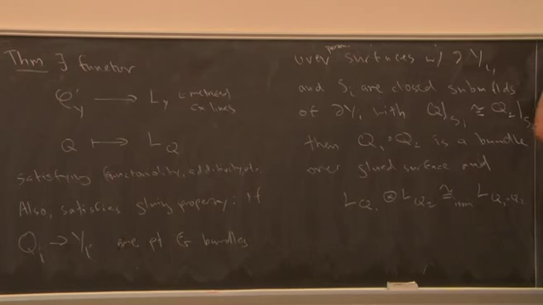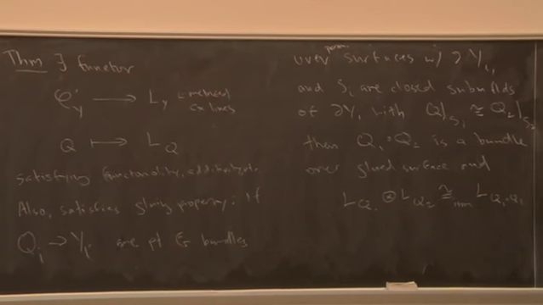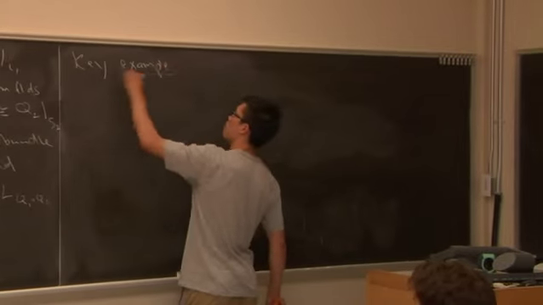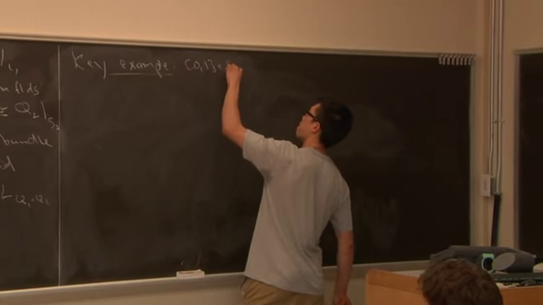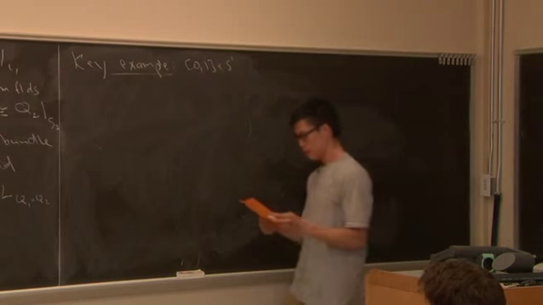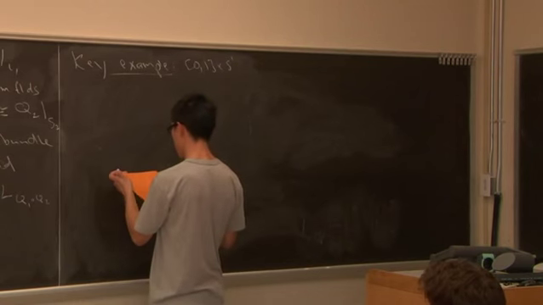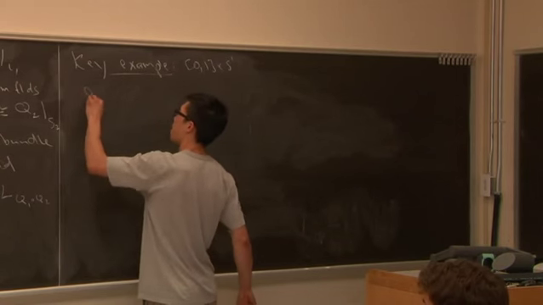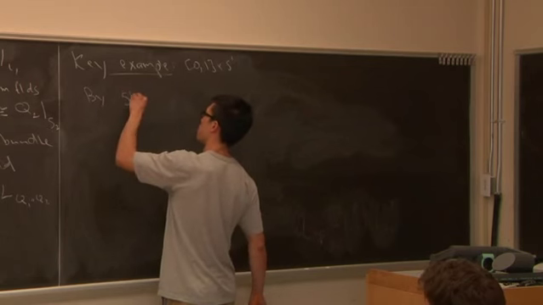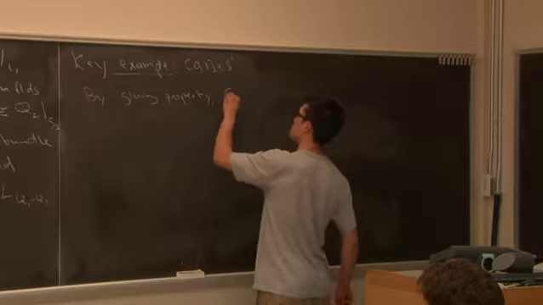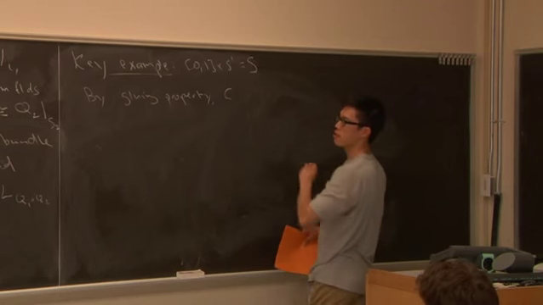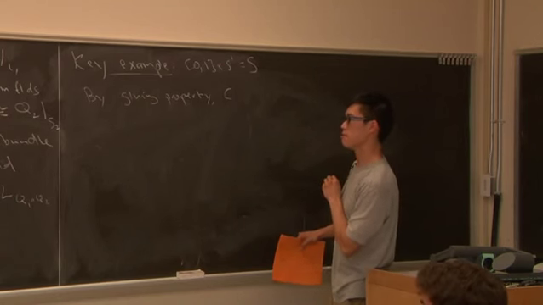Okay, so a key example is going to be just a cylinder, right? So by this gluing property, maybe I denote this by S or something. Maybe that's confusing.